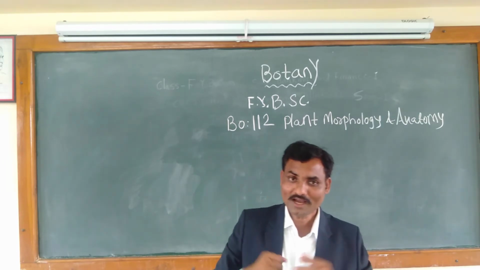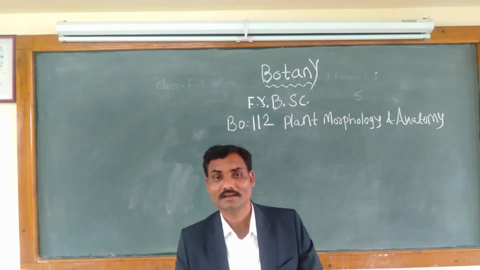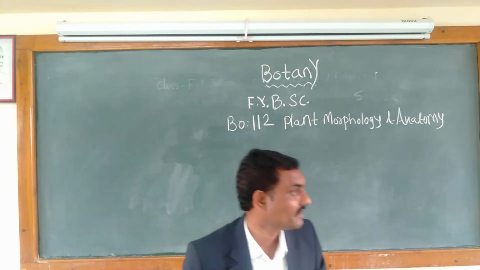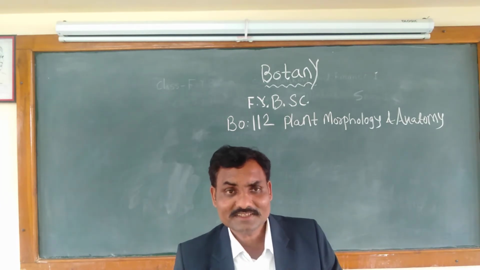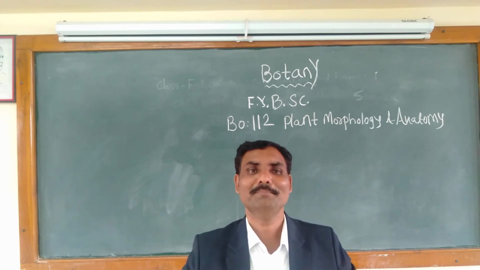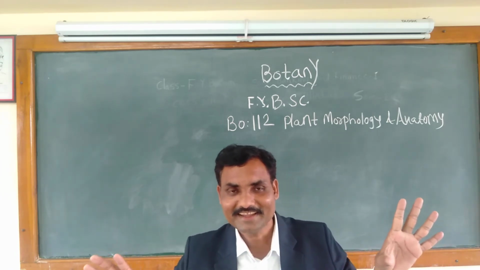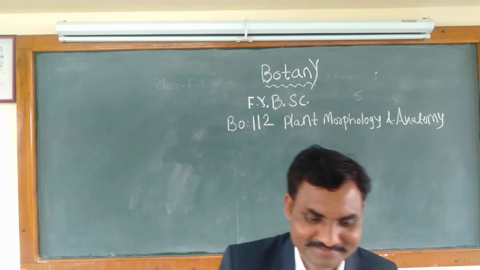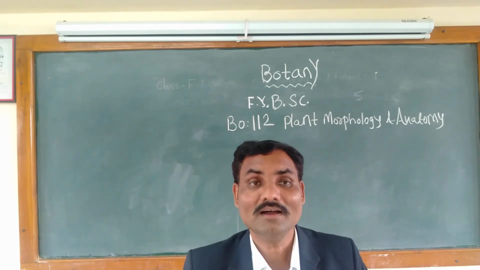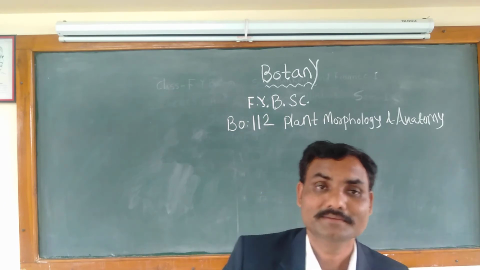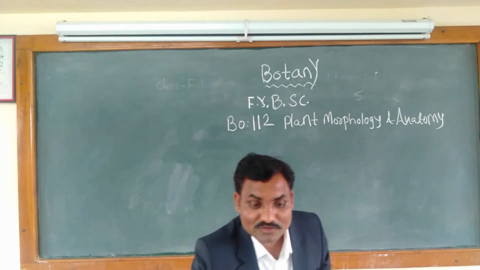Then what about corolla? And which are the different forms of the corolla? Then what is the polypetalous condition? When the petals are free, that is called polypetalous. Then types of corolla: cruciform corolla is there, papilionaceous corolla is there.